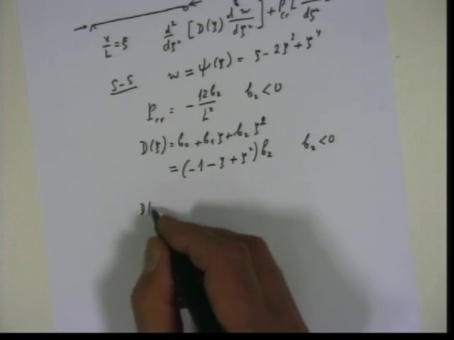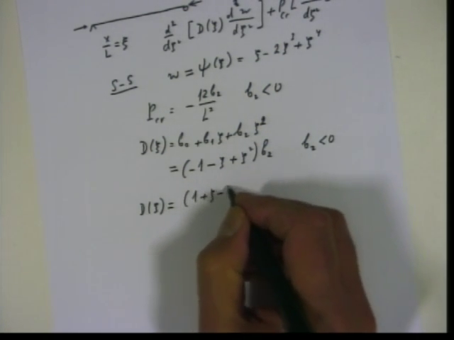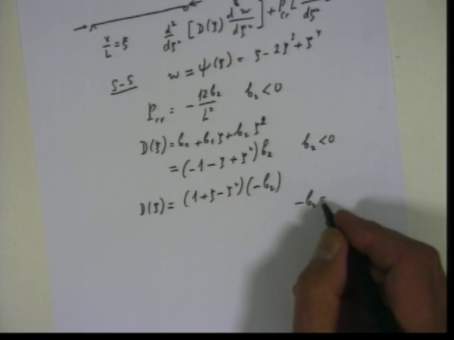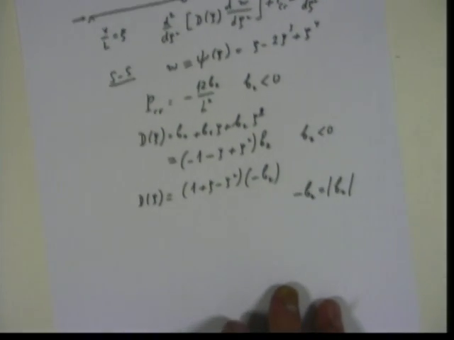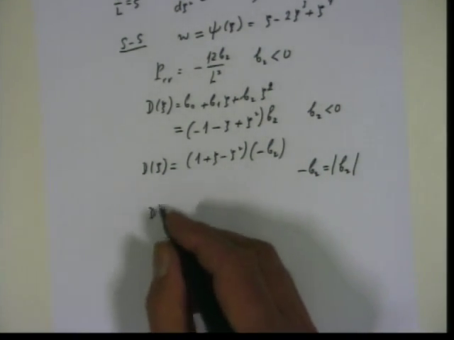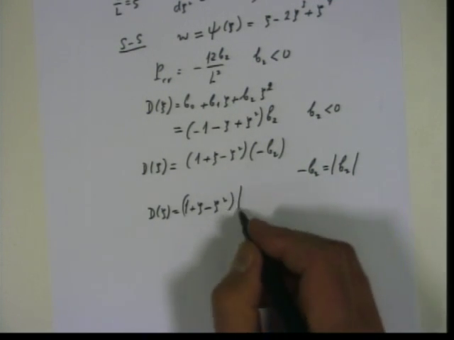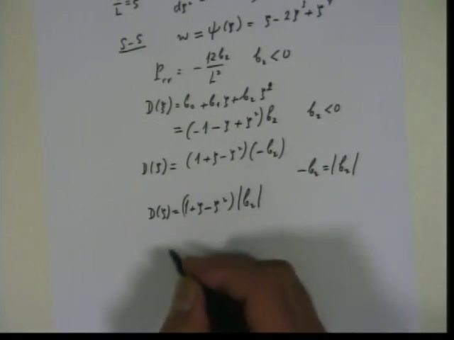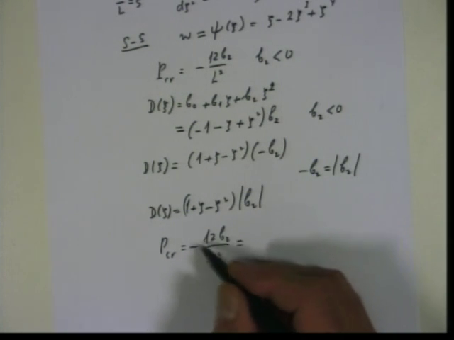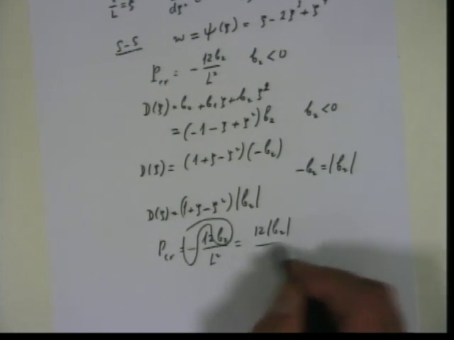Therefore I can take out this minus, so D of xi equals 1 plus xi minus xi squared, times minus B2. Minus B2 is the absolute value of B2. So D of xi equals 1 plus xi minus xi squared times the absolute value of B2, and P critical equals 12 absolute value of B2 over L squared.